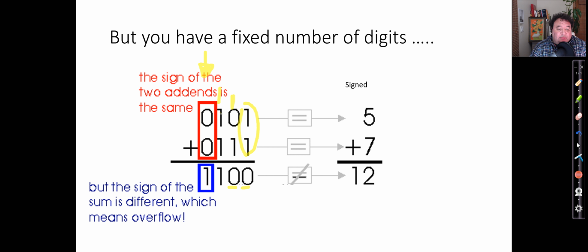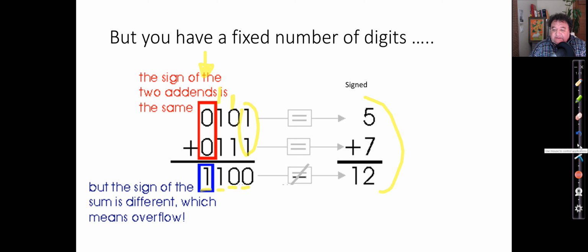And now 1 plus 1 plus 1 is 3, so this will be 1, 1, and so we have 1 and 1. Now, if those were positive numbers, we would have had a proper addition, 5 plus 7 equals 12.